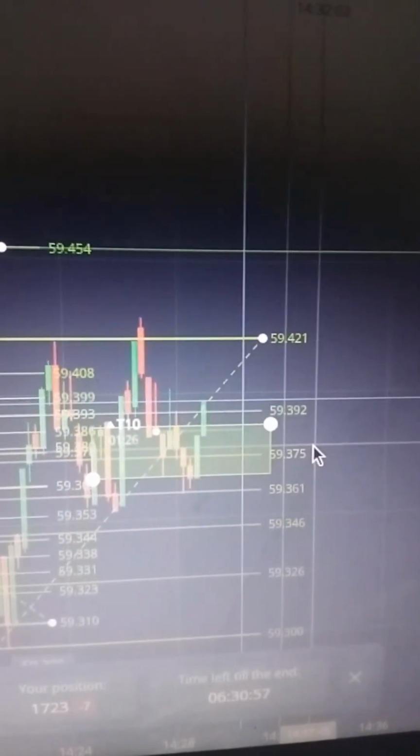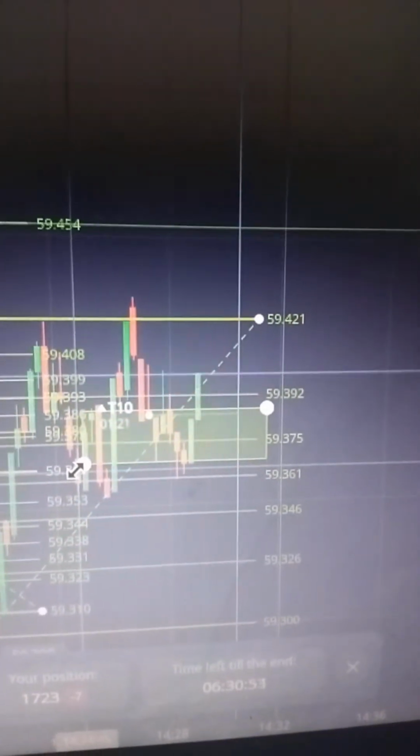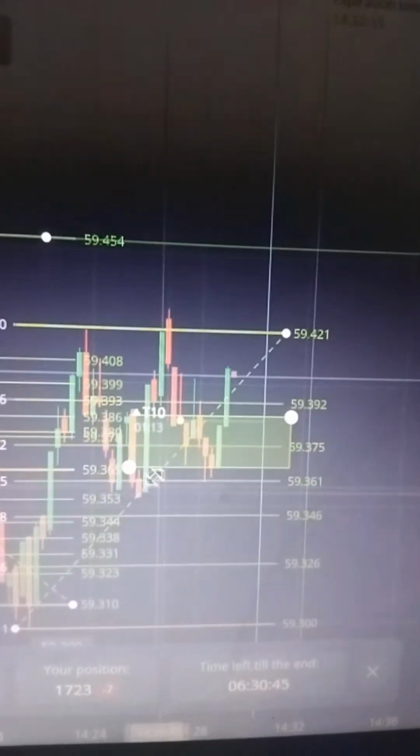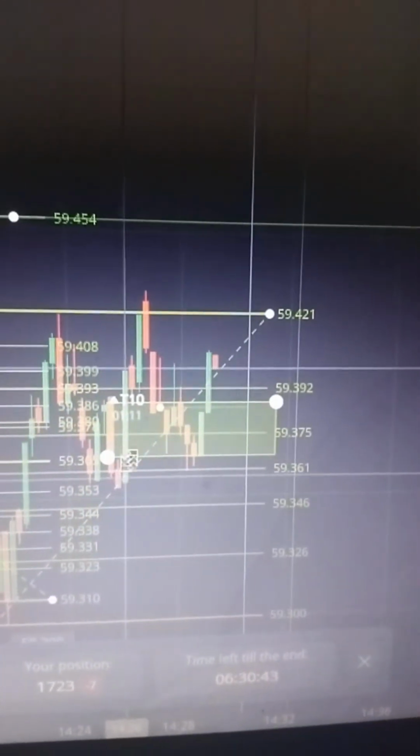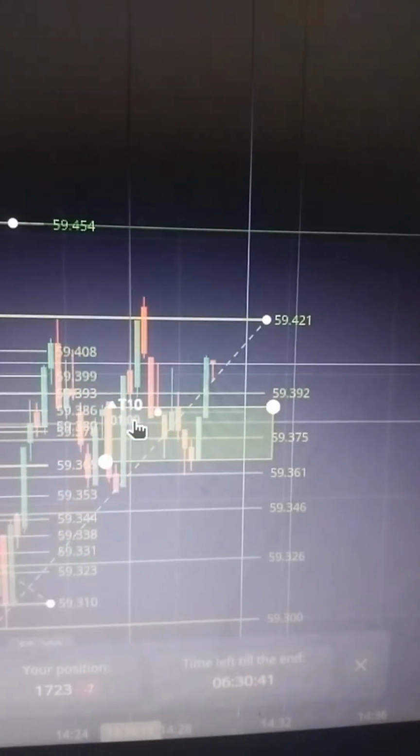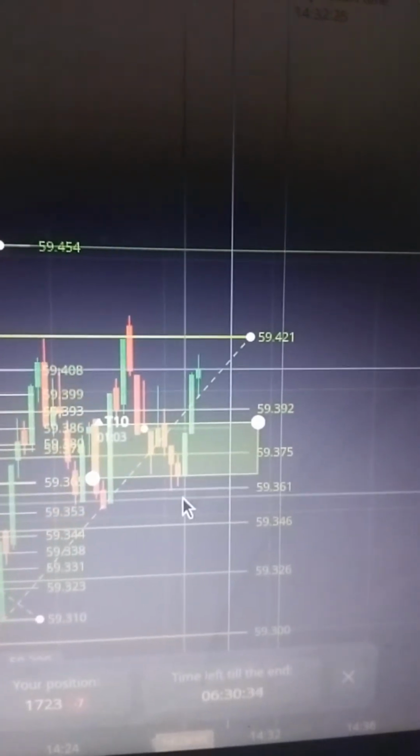As you can see, I didn't draw it properly. So we will use this candle's high, the last bearish candle down there, and this bearish candle's low too. As you can see, where did the body stop?